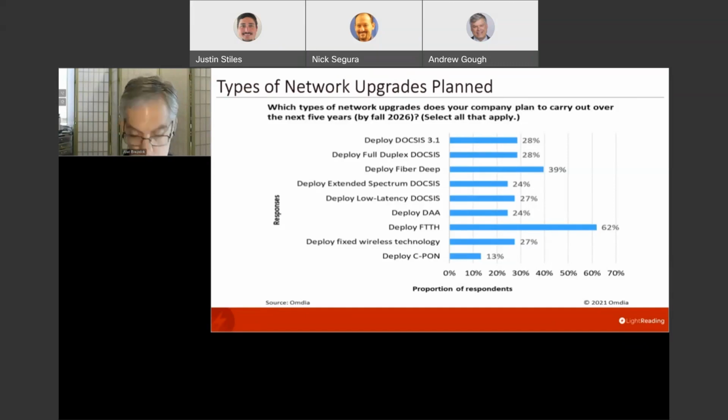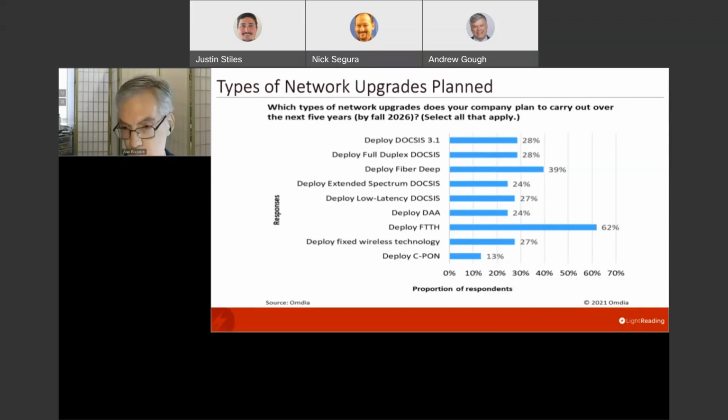Second, nearly 2/5 of respondents, or 39%, said the company plans to deploy fiber deep in at least some territories. So there is going to continue to be a lot of new fiber installed in cable systems around the world, which should make the folks at companies like Corning very happy. Third, there is industry support for lots of different DOCSIS varieties.